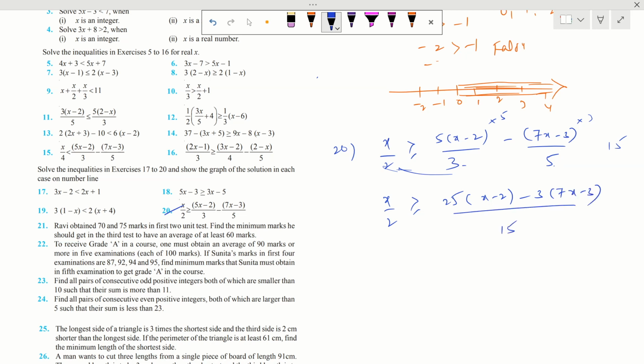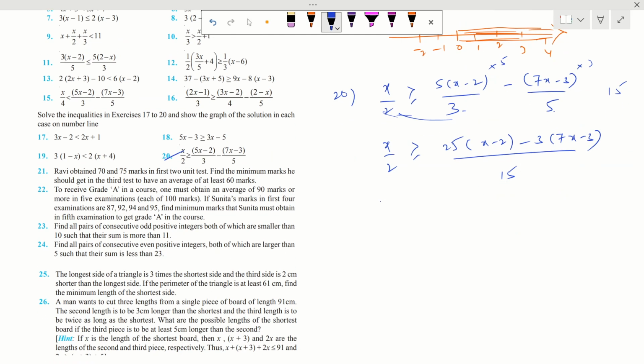Here 15 is LCM, right? And if I multiply 15 this side, then it is 15x by 2 greater than or equal to 25x minus 50, and this 3 into 7 is 21, minus 21x, 3 3 is 9, it is plus 9.